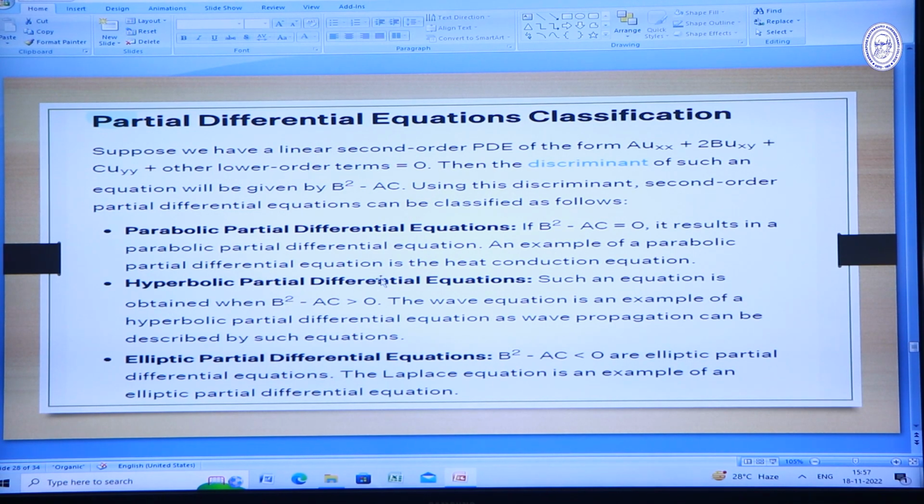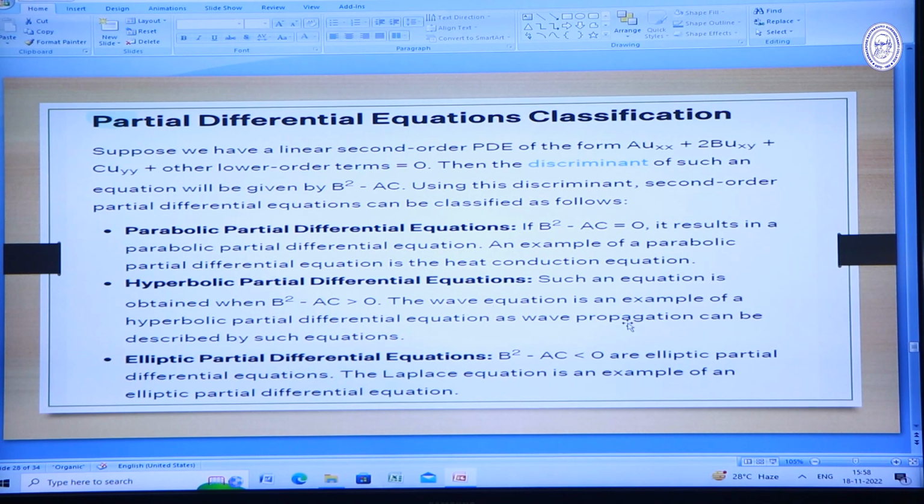Hyperbolic partial differential equation: such an equation is obtained when b square minus ac is greater than 0.